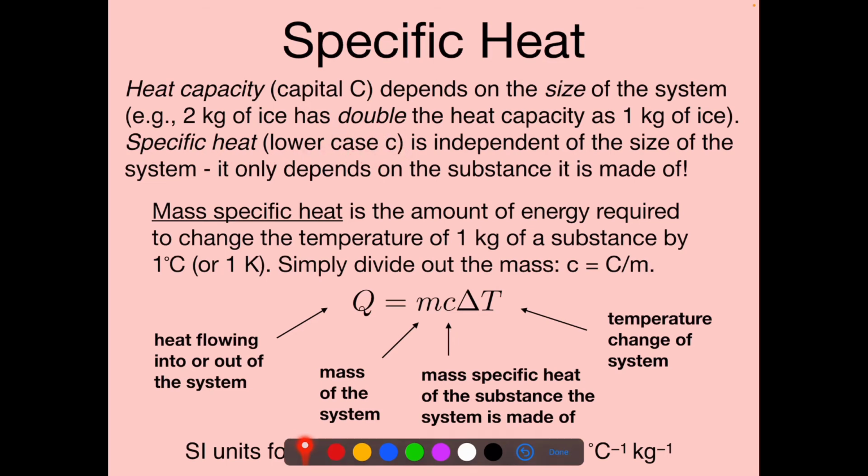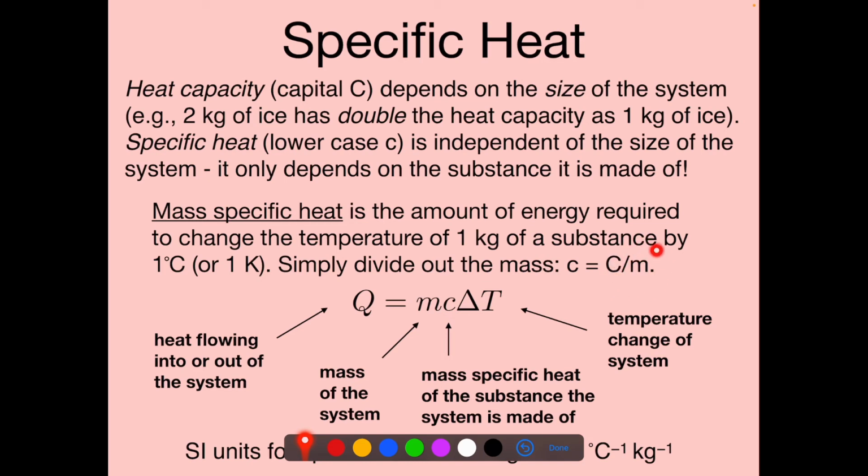So here's how it's defined. Mass-specific heat is the amount of energy required to change the temperature of 1 kilogram of a substance by 1 degree Celsius or 1 Kelvin, same thing. So the way we get specific heat, lowercase c, is we take the heat capacity, uppercase C, and then we divide out the mass.